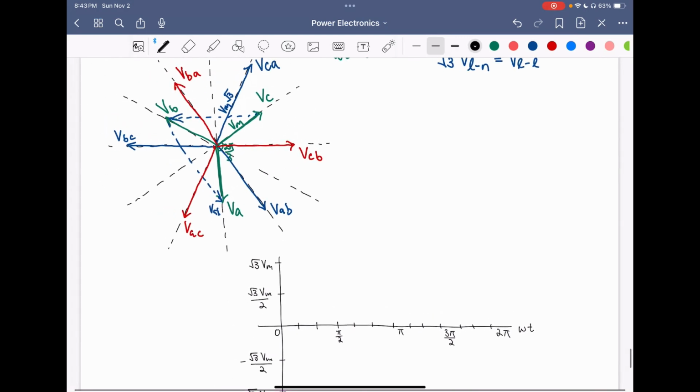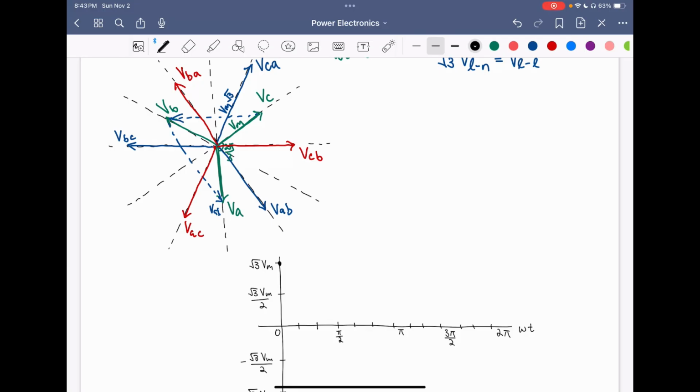So we're going to start off by drawing the sinusoidal waveform for VCB. And we see that VCB is starting off at its peak value. So it's going to have a peak right at omega t equals 0.